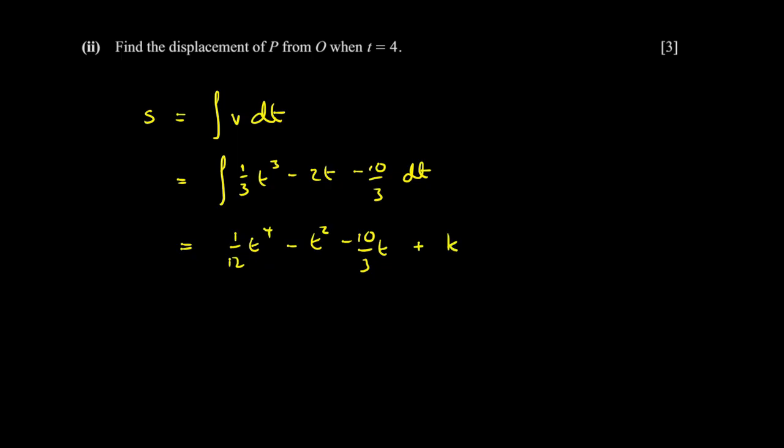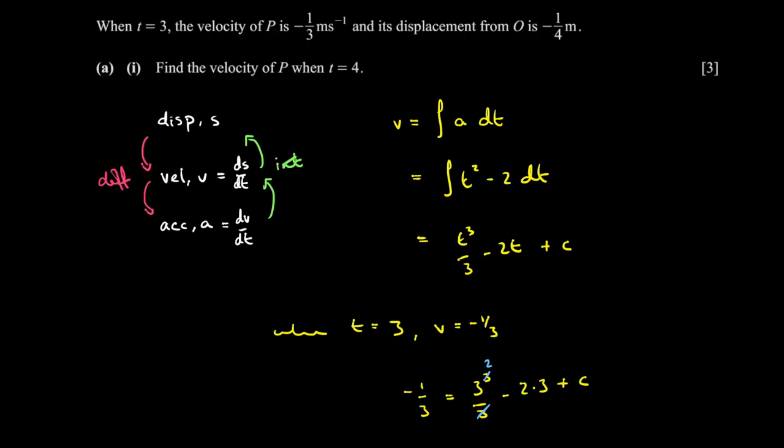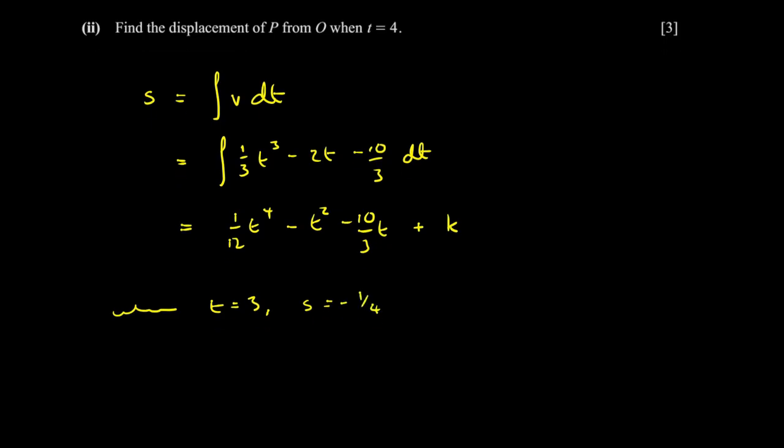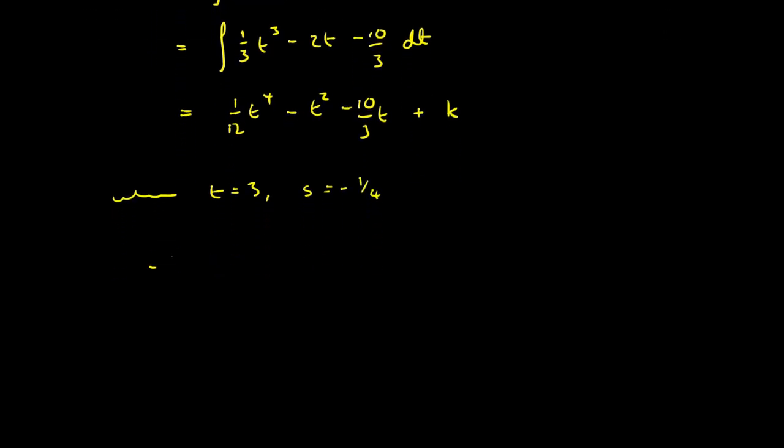And we're told that when t is 3, the displacement is negative a quarter. So I can substitute in. When t is equal to 3, s is equal to negative a quarter. So negative a quarter is equal to 1 upon 12 times 3 to the power of 4 minus 3 squared minus 10 upon 3 times 3 plus k.